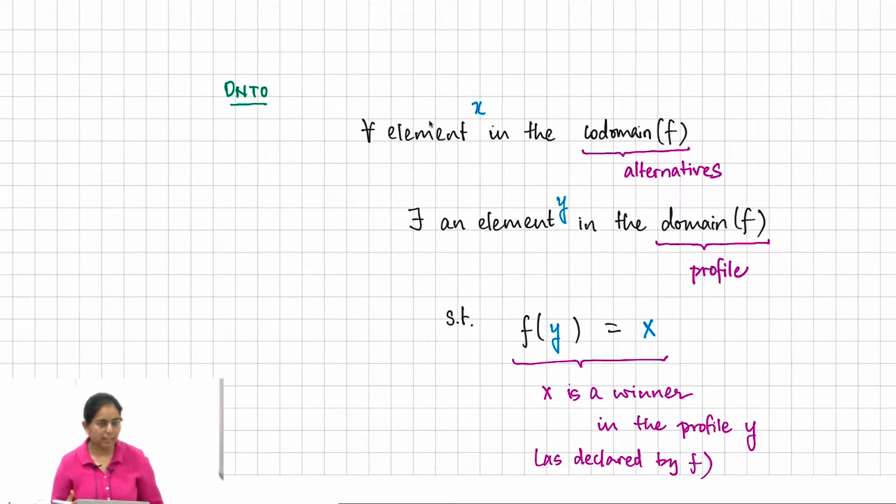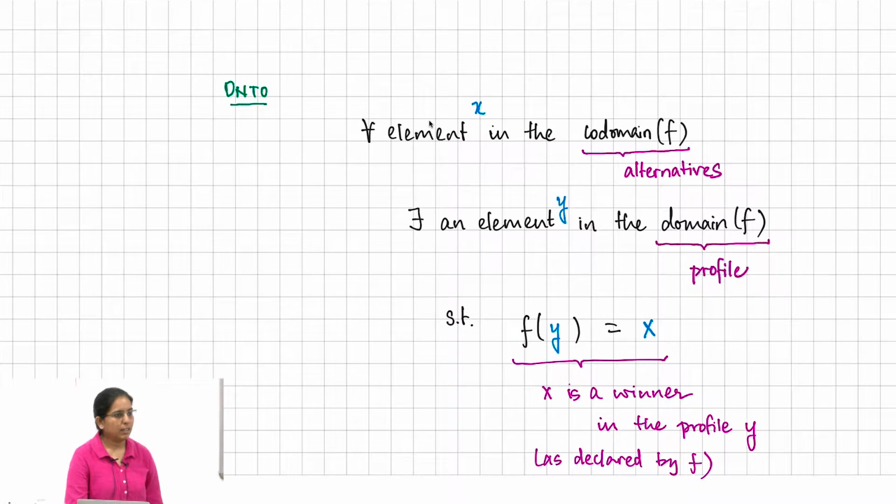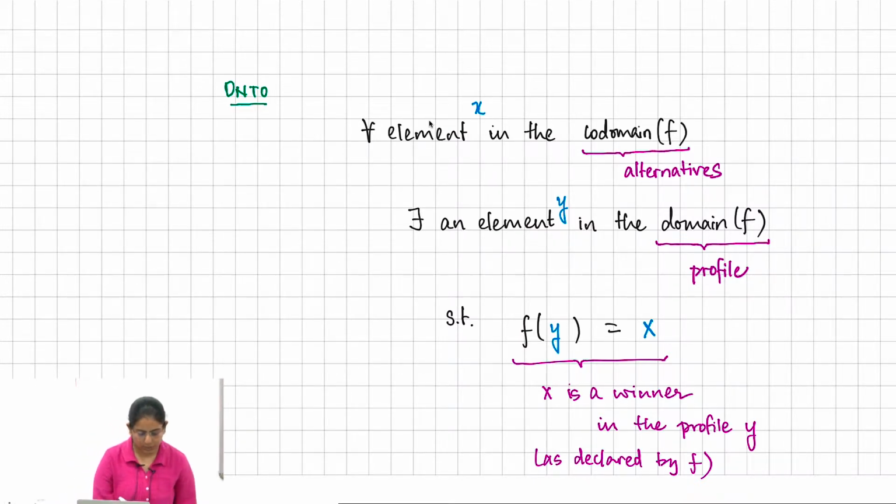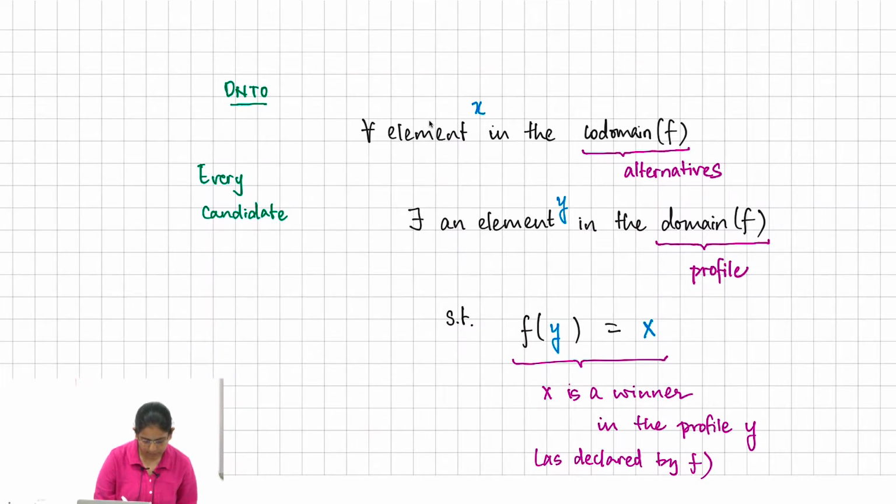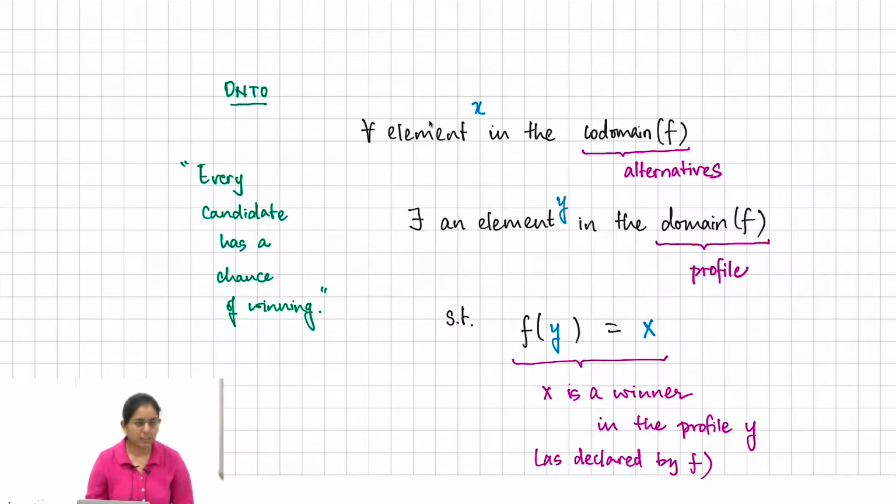And f says that x wins in this profile. So to say that a social choice function is onto is to simply say that every candidate has a chance of winning. You know, this is how I would put it informally, that every candidate has a shot at winning.